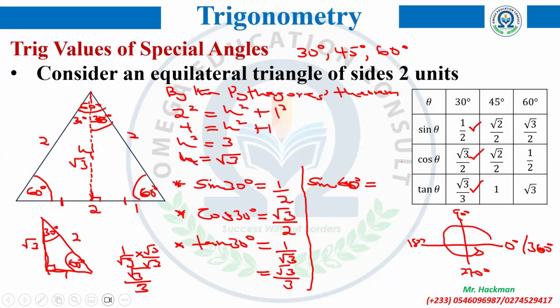Root 3 over 1, which is equal to? Root 3. Any number over 1 is the number itself. So that's exactly what we have here. Where is sine 60? Please check. It's root 3 over 2.